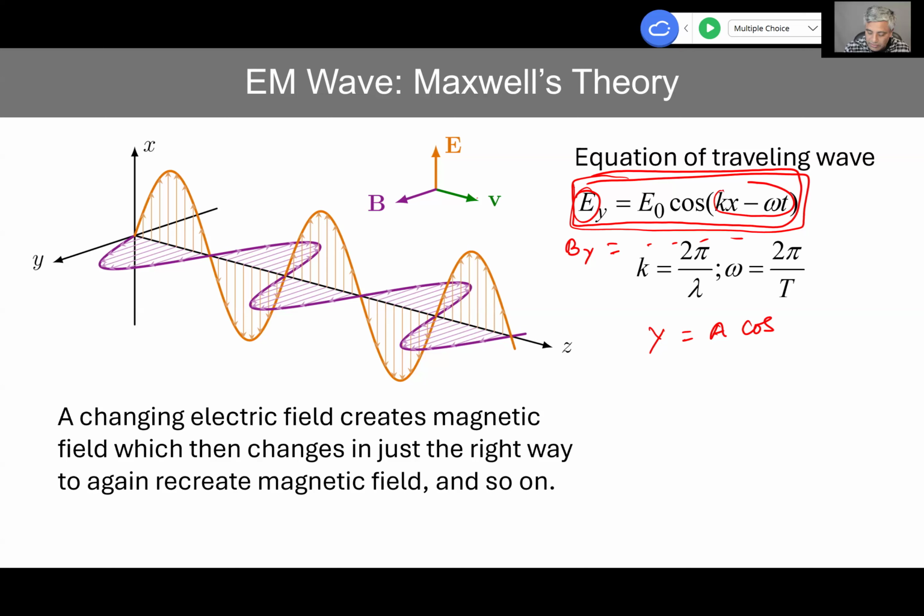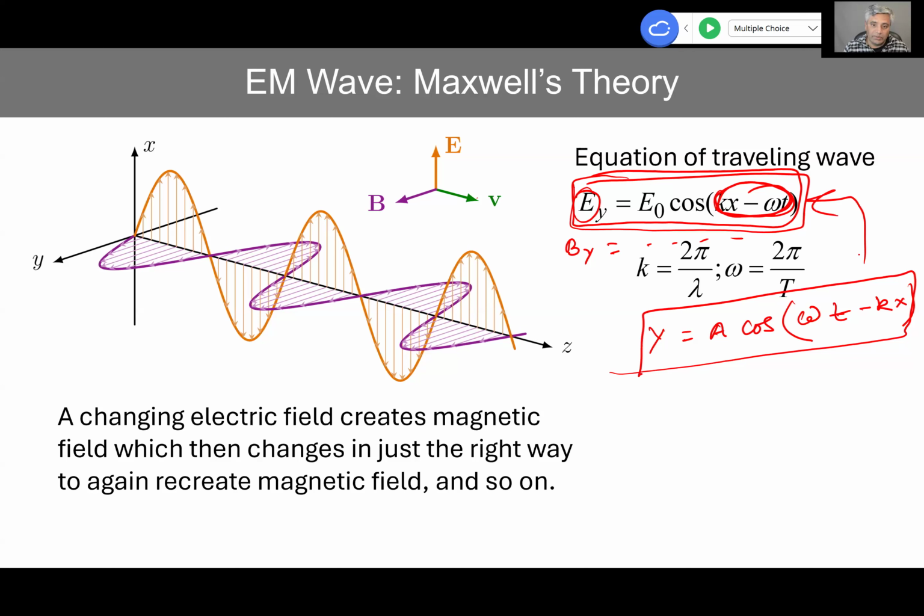We may write whichever we like first inside the argument. It does not make any difference because cosine of negative theta is the same as cosine theta. So I think last time we wrote omega t first, and then kx. Okay. So this is the traveling wave equation we wrote, and this is also a traveling wave equation.